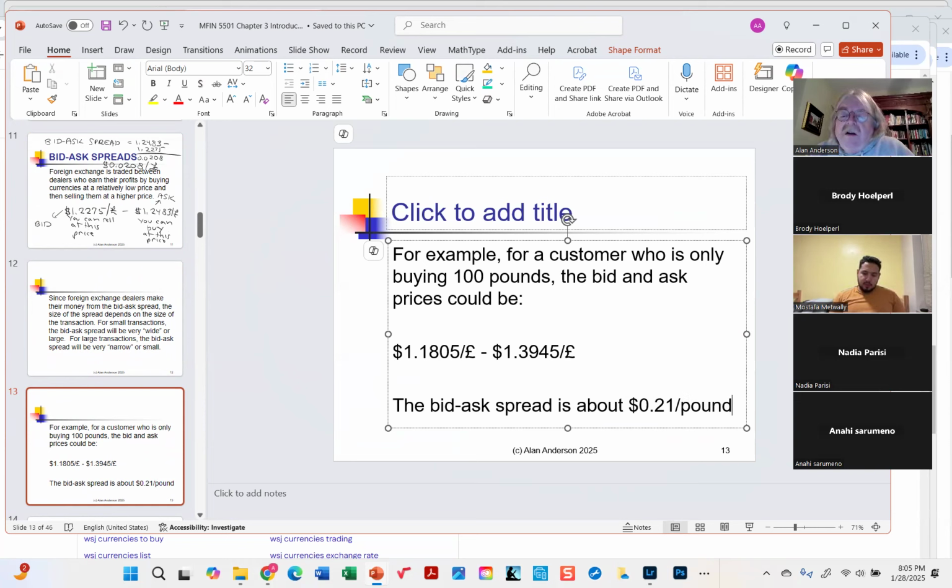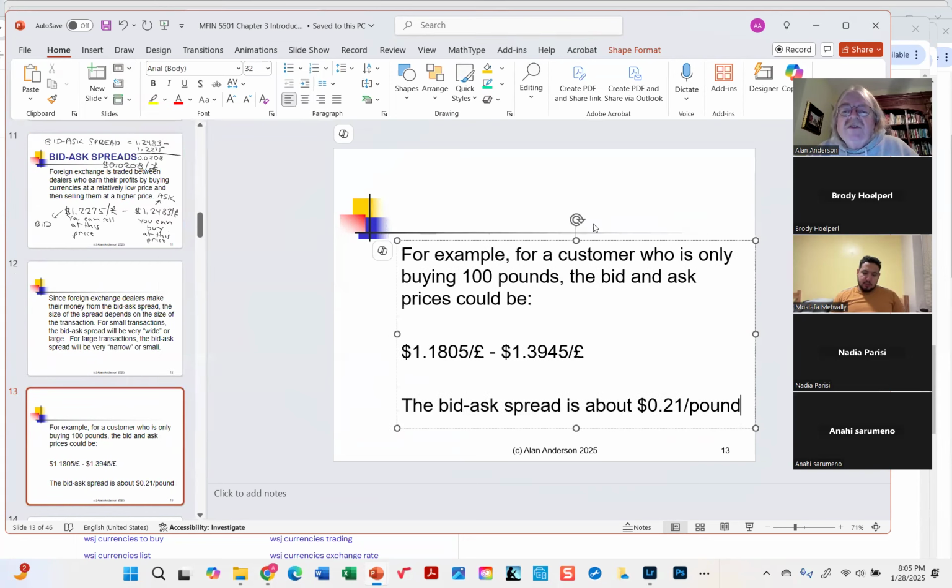But that's only 100 pounds. So you're looking at $2. No, that's $20. That's a lot of money. Actually, it's probably even worse than that for small transactions.